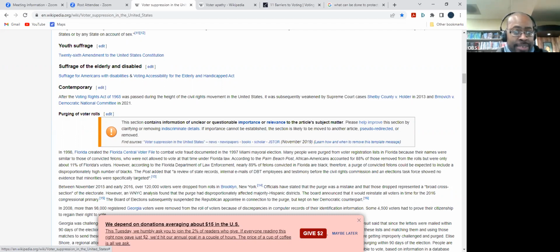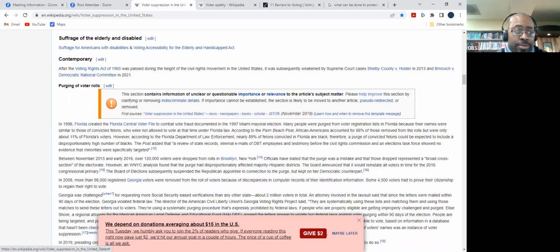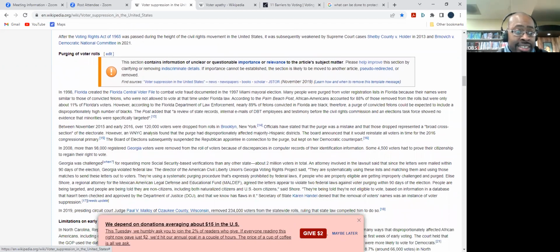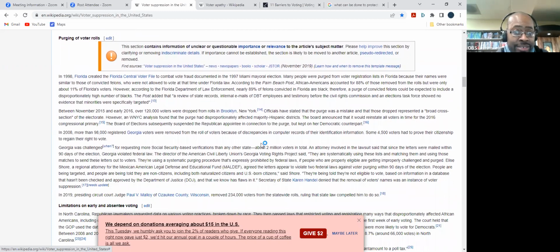So here are some of the things that have been happening in terms of voter suppression in recent years. One of the main things, and I discussed this before, is the purging of voter rolls, which started in the late 1990s. And there were several reasons for this. One of the reasons was that you have certain people that skip elections, they don't vote in every election.